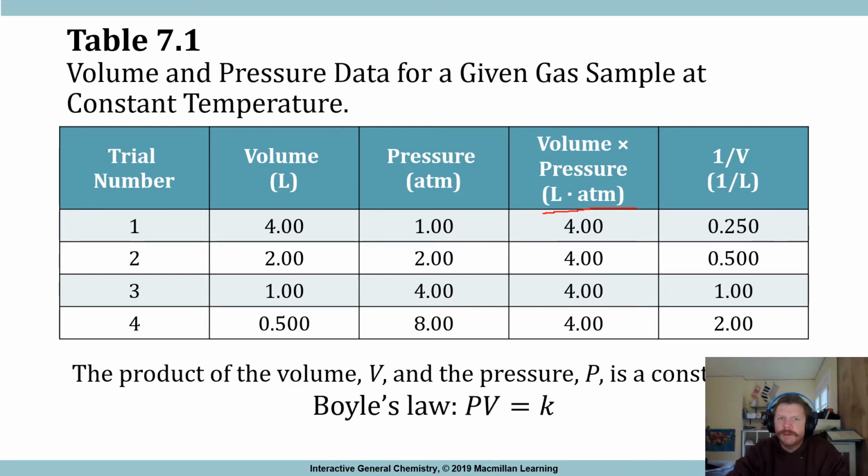So the product of volume and pressure is a constant. Boyle's law says that when you multiply the pressure and the volume, you have a fixed number, a constant K. And then we also have our inverse volume, which goes up as our pressure goes up.